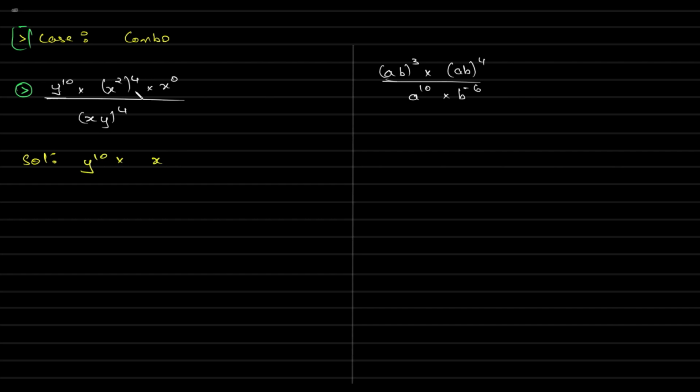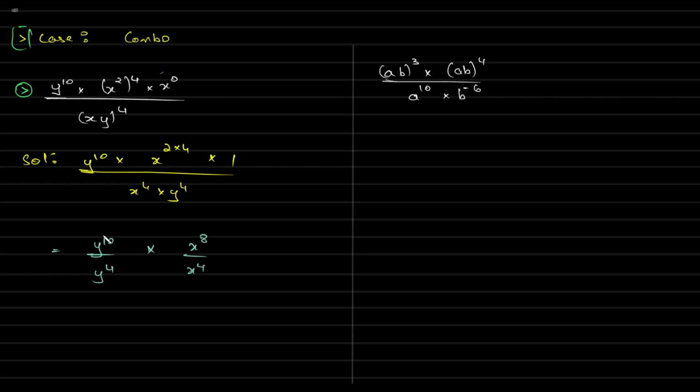So x square whole to the power of 4 is x to the power of 2 into 4, and x to the power of 0 is 1. Entire thing divided by x into y whole to the power of 4, which is nothing but x to the power of 4 into y to the power of 4. So let's rearrange all the x and y terms. So y to the power of 10 divided by y to the power of 4 into x to the power of 8 divided by x to the power of 4. That's it. Now we know what to do.